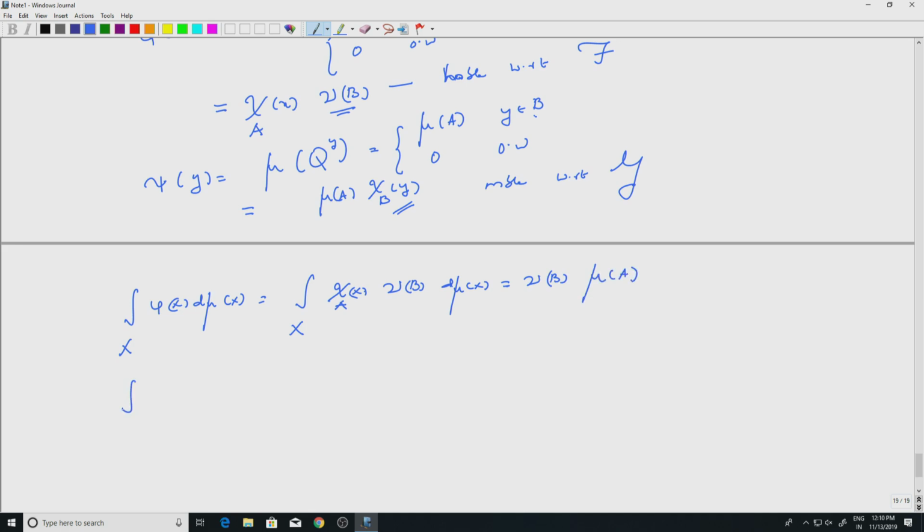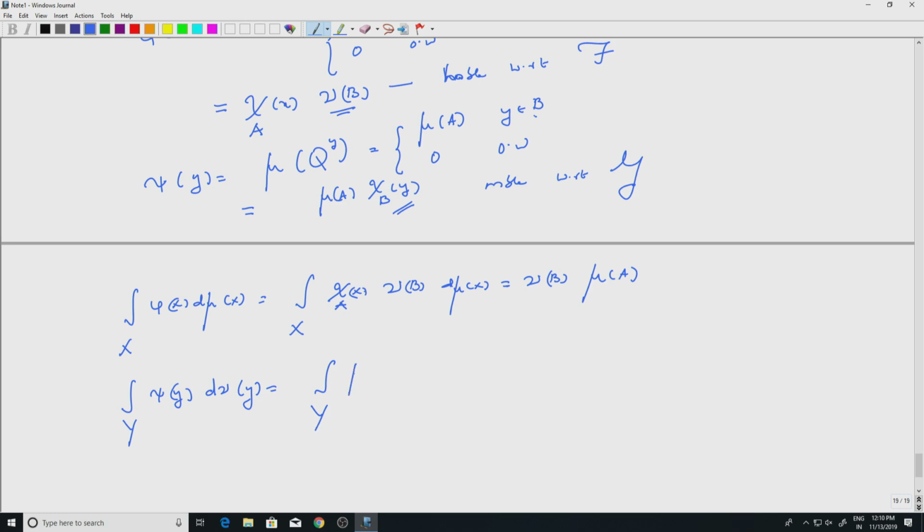And let's look at the other integral, psi of y d nu of y, because our measure is nu there. This is the integral over y. Psi of y we have written in a neater form.